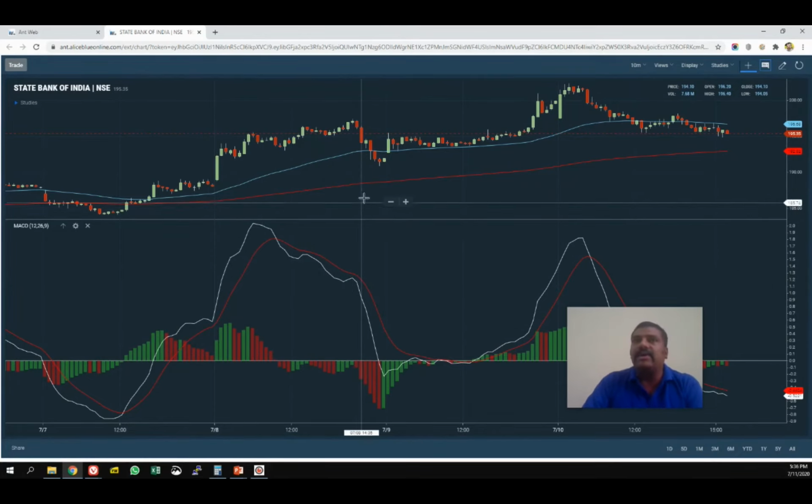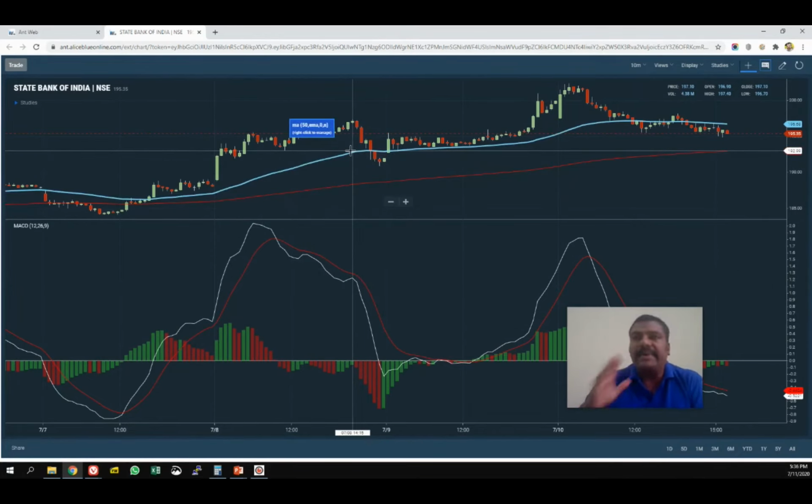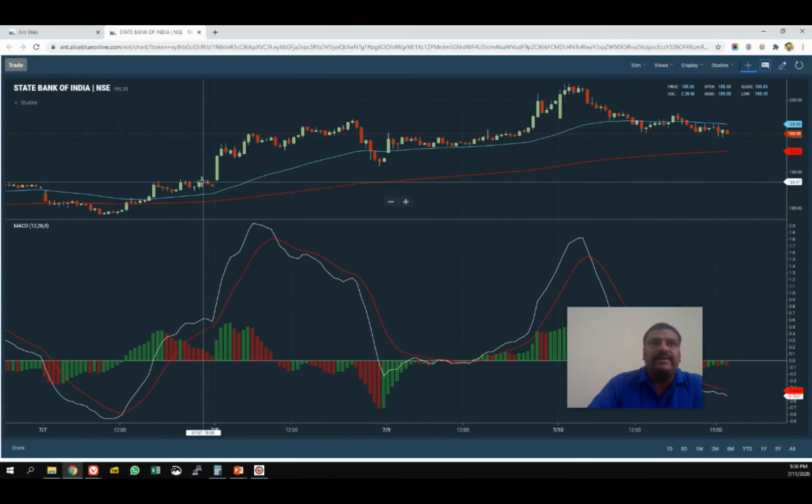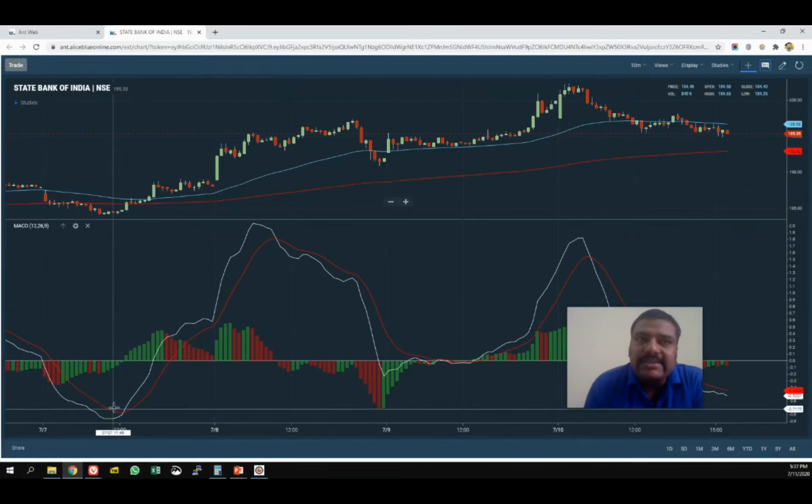From 185, it has gone up to 195. That's a whopping 10 rupees difference. I'm talking about intraday. If you're closing on the same day, this trade was done at 12:05, and if you're closing at say 3 o'clock, you still get a huge profit here also. 188. Okay, so this is one entry for a buy call.